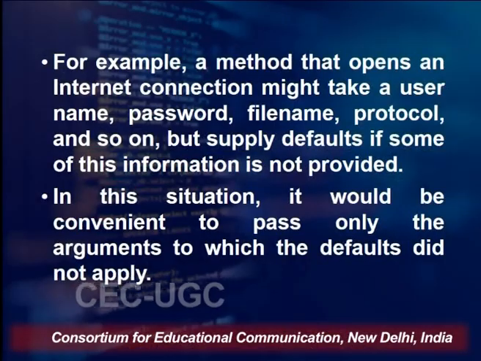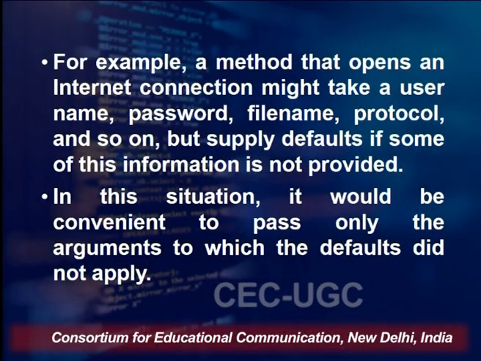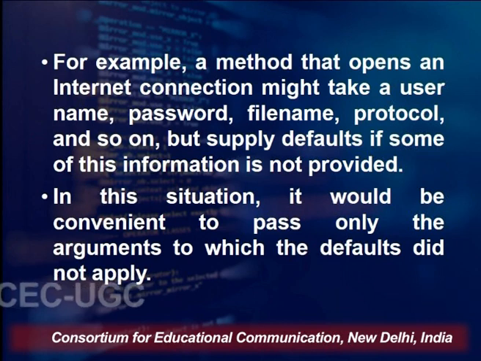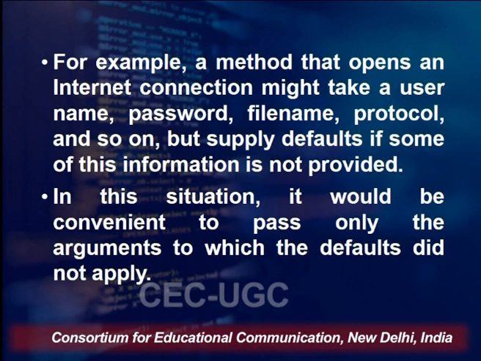Here, what could be the scenarios in which we may need methods having variable length arguments? For example, a method that is opening an internet connection might take a user's name, password, file name, the protocol through which the transfer is going to happen, and so on.